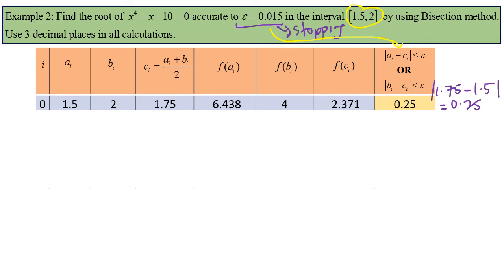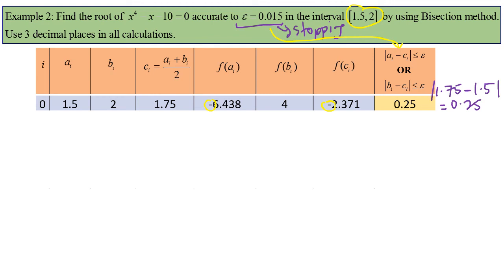In order to continue to iteration 1, you have to check the sign of FA times FC or FB times FC, where it has to satisfy the intermediate value theorem condition. So first check FA and FC. They do not have different signs; the sign is the same.